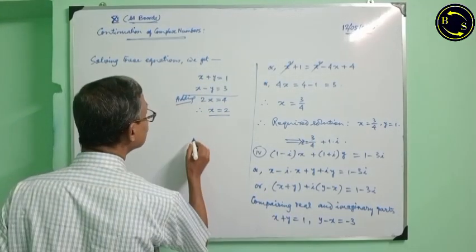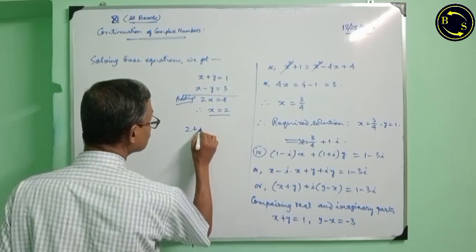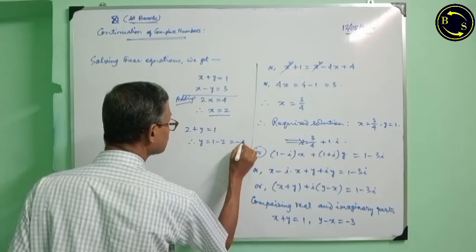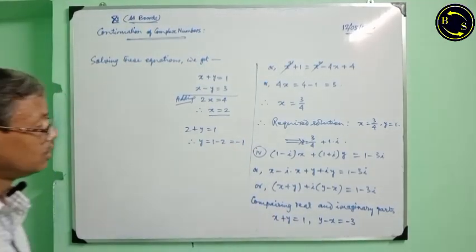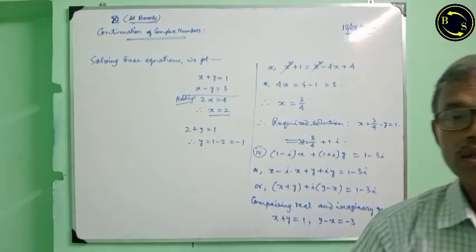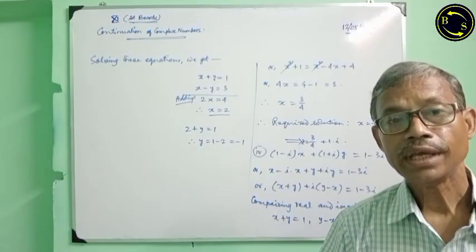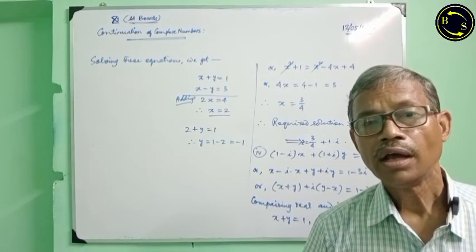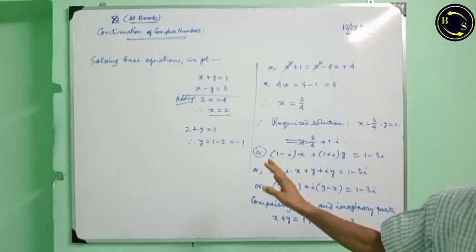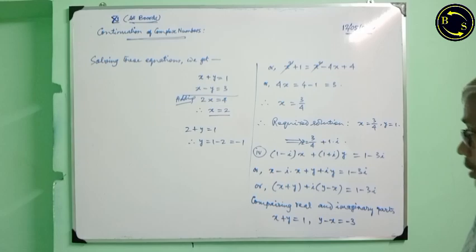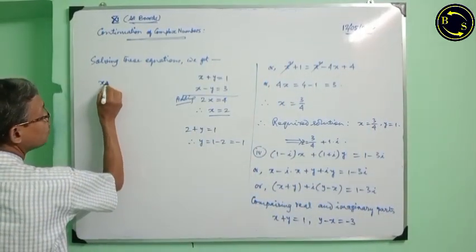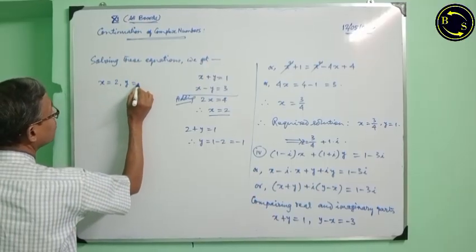Now putting that value, 2 plus y equal to 1, therefore y equal to 1 minus 2, that equal to minus 1. When the equations are in that simple form, ax plus by is equal to c, you can show this step in the rough space, that means on the right side of the sum. I have solved following that. We get x equal to 2, y equal to minus 1.